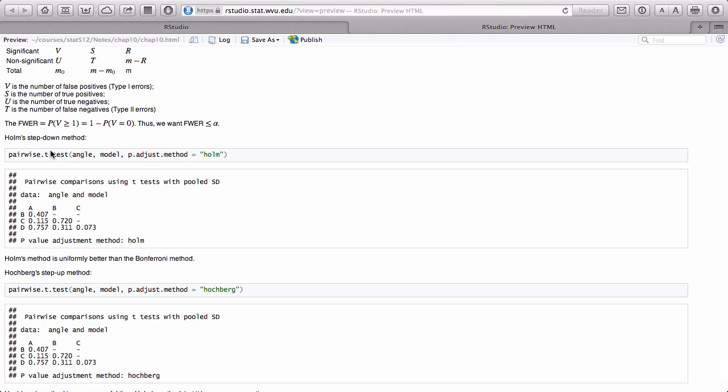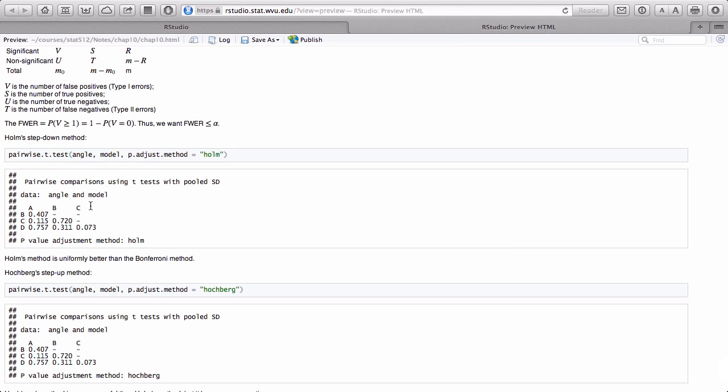You use Holm as an alternative; it's more powerful, meaning you're more likely to find the differences you want to find, and it still controls the family-wise error rate at 0.05.